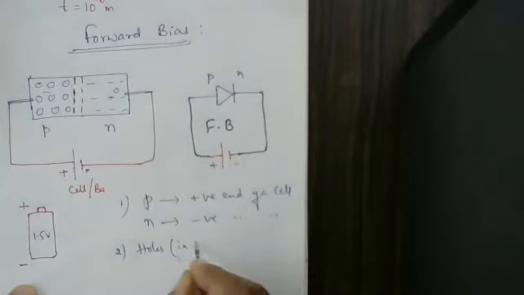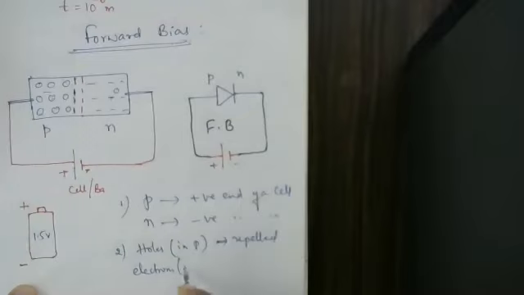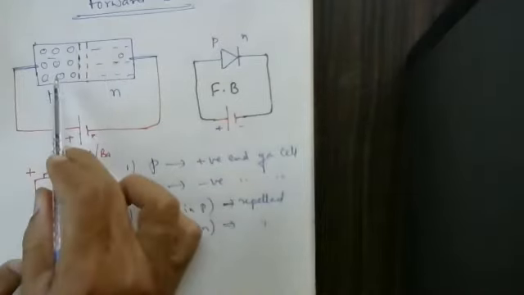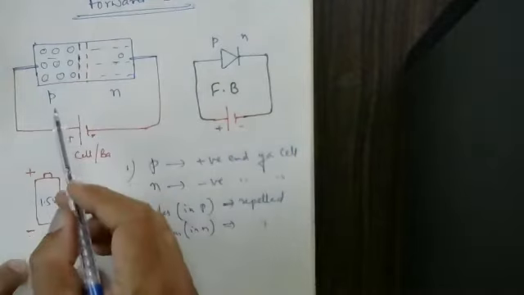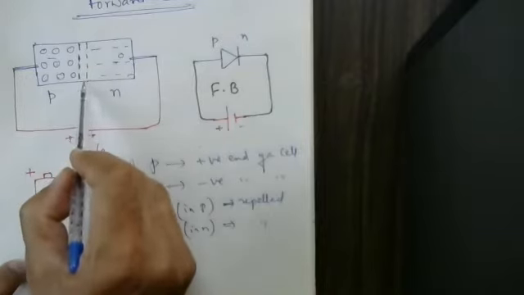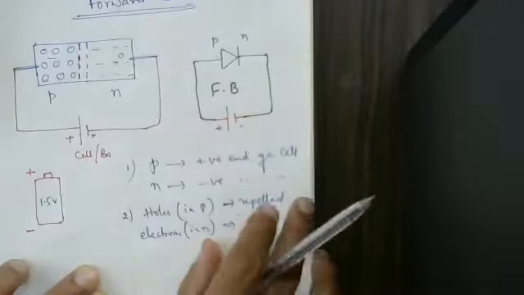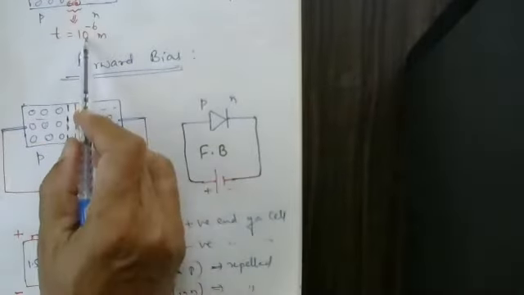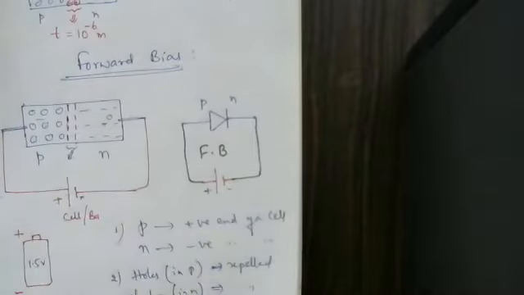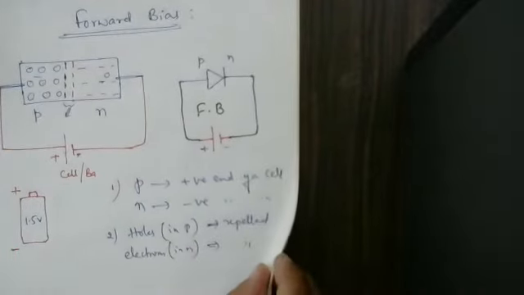Electrons on the N side are also repelled by the negative potential. Due to that, the holes move a little bit here and the electrons move here. The charge depletion region thickness was 10 to the power minus 6 meter, but now it is not equal to 10 to the power minus 6. The charge depletion region thickness is going to get decreased.